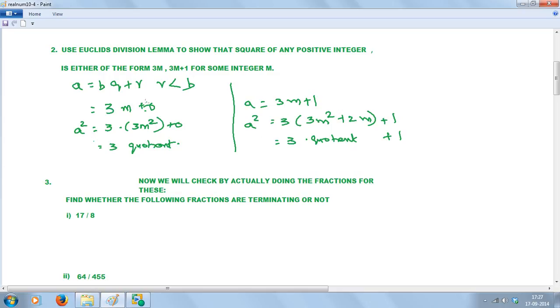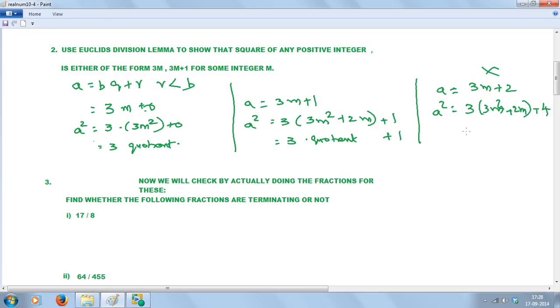But see, 3m plus 1 we have considered. What about 3m plus 2? If a is equal to 3m plus 2, a square is equal to 3 multiplied by 3m square plus 4m, plus 4. Here we get plus 4, which is greater than 3, but the remainder should be less than b, so this won't be a fact.